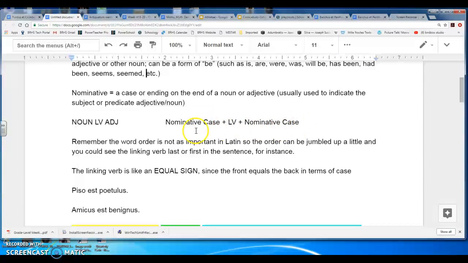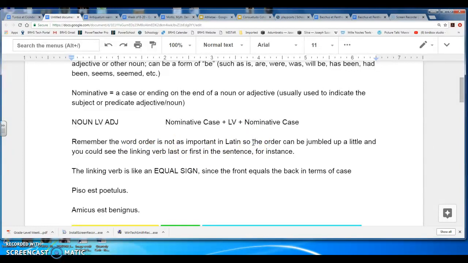And you need to remember that Latin word order is not as important in Latin as it is in English. Word order makes up meaning in English. That is, English's meaning is dependent on word order, but Latin's is not so much.